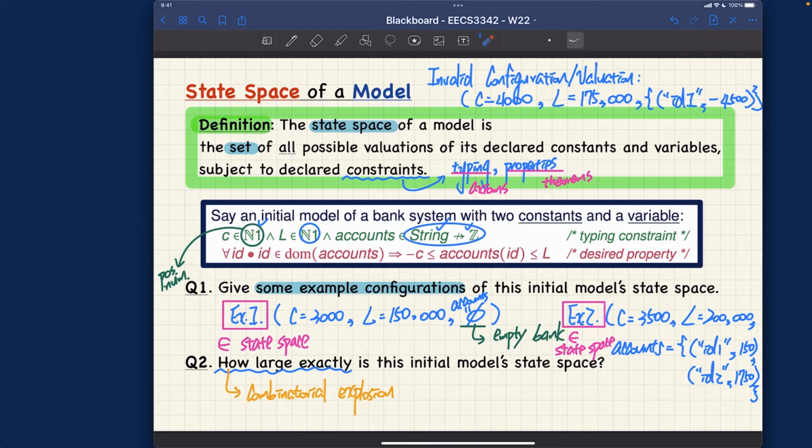However, this particular valuation does not satisfy this universal quantification as the desired property, because exactly over here, you can see for this one here, right? In order to disprove universal quantification, you need a witness. So this will be the witness that violates this property over here, because you can see the balance over here is not larger than or equal to minus 4,000.